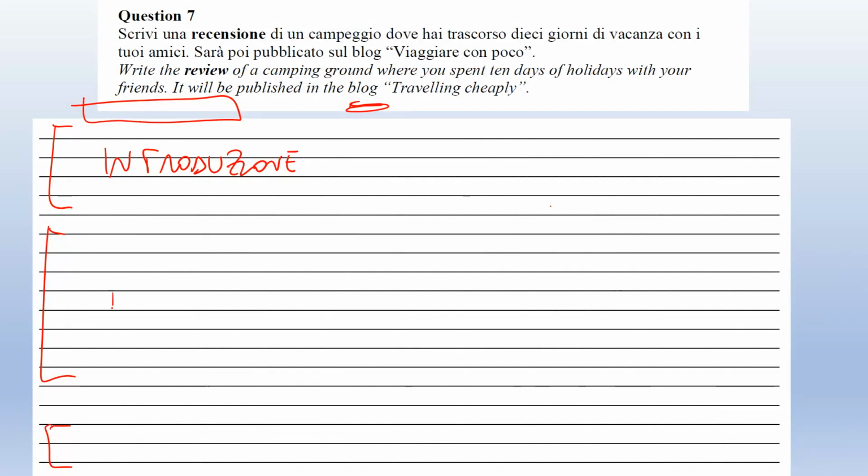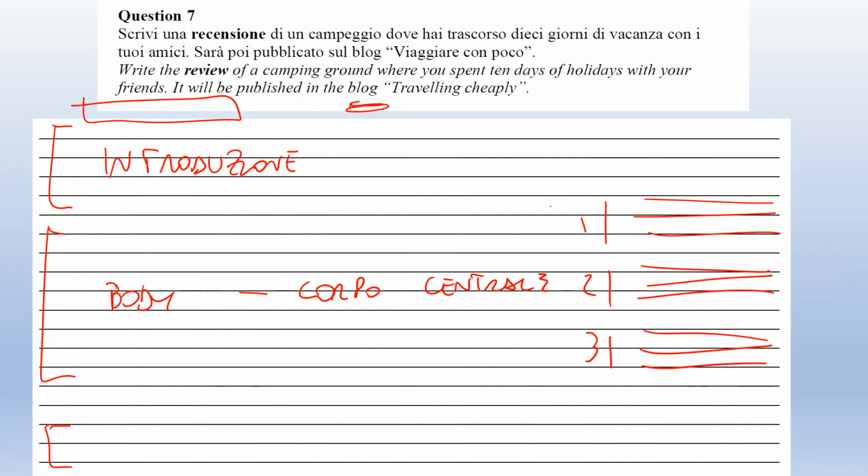And then you have the body, il corpo centrale del vostro scritto. Decide whether you want to talk about 3 or 4 elements, no more than 3 or 4, but make sure that you meet also the minimum words, and then you do your conclusione. Nella conclusione, we bring back the 3 elements that I spoke about, without my opinion, okay?